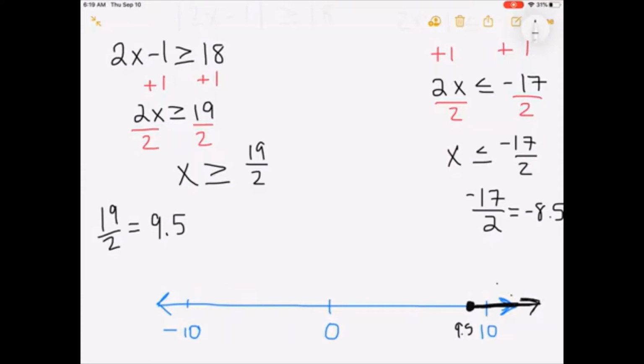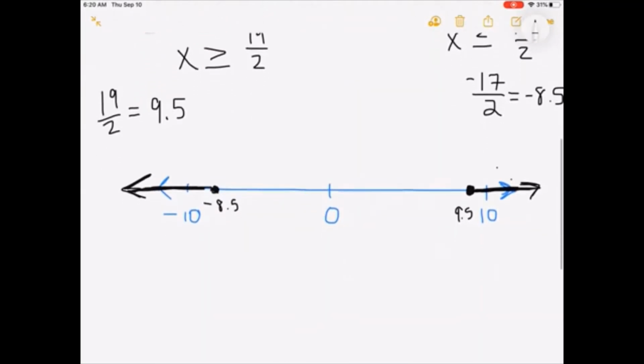It's greater than or equal to, so it can keep going. In the other direction, x is less than or equal to negative 8.5, which is over here. Let's say right about there. We'll say negative 8.5, and in the opposite direction, it'll keep going. So there is our solution on a number line.